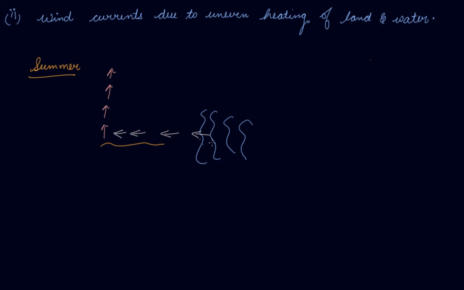Now this air from the seas has moisture. They come from the southwest direction and contain moisture, as they originate from the sea, especially the Indian Ocean in India.